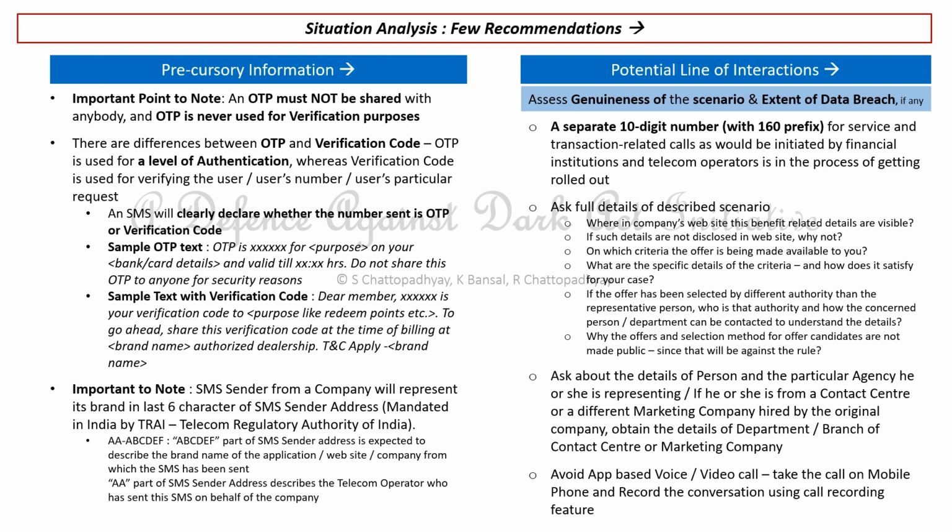An important point to understand is that an OTP is a one-time password, and a password is something that you can never share with anybody else. And OTP is not used for verification purposes. OTP is authentication. So you use the password for authenticating you. OTP is usually used for a second level of authentication.